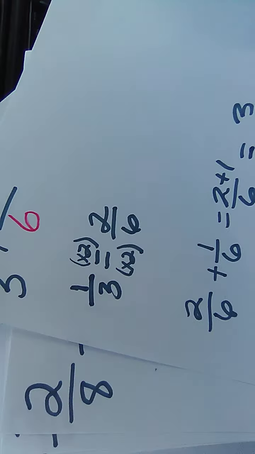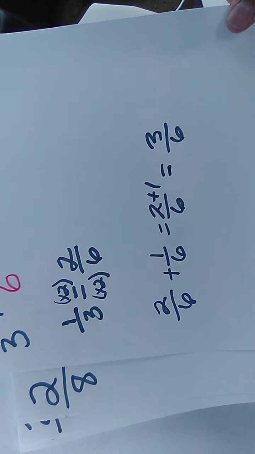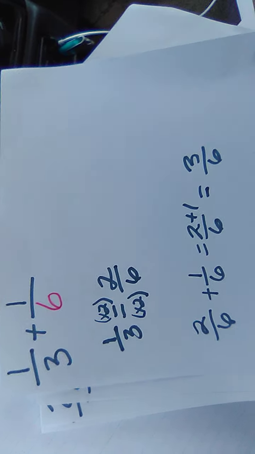Now, how about we go through a few more questions just to make sure everybody has the gist of it. So as you saw from my peeking page, we have 2/8 plus 1/16. Now, once again, think of the factors. We just want to make sure that both of the denominators have the same number.